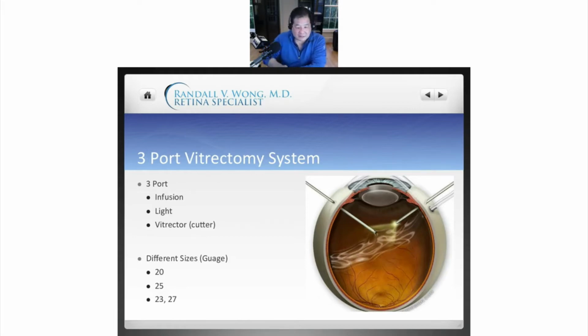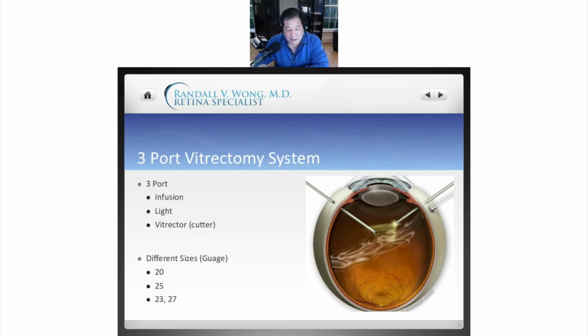Okay, having said that, what I'd like to do in about 5 minutes is talk briefly about what a 3-port vitrectomy system is. And this is the standard vitrectomy setup. In the picture on the right, you can see that there are actually 3 ports or 3 entries into the eye.